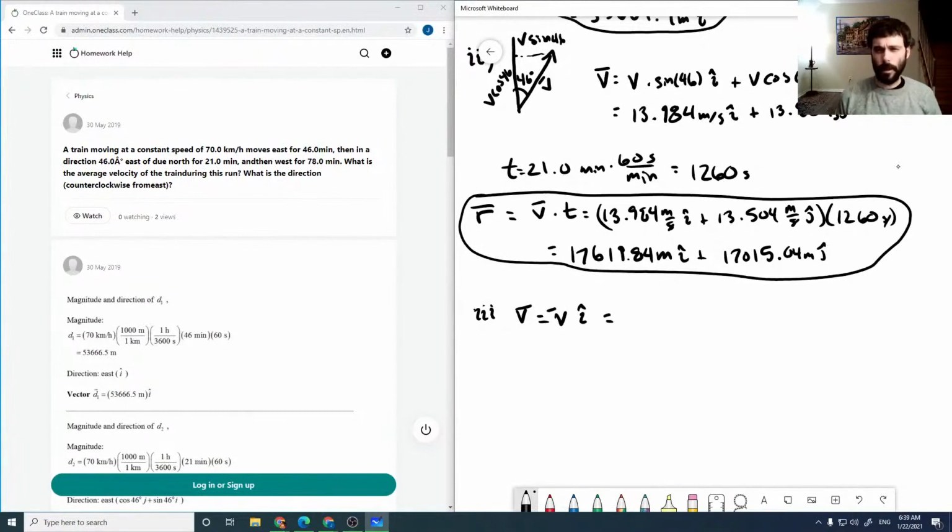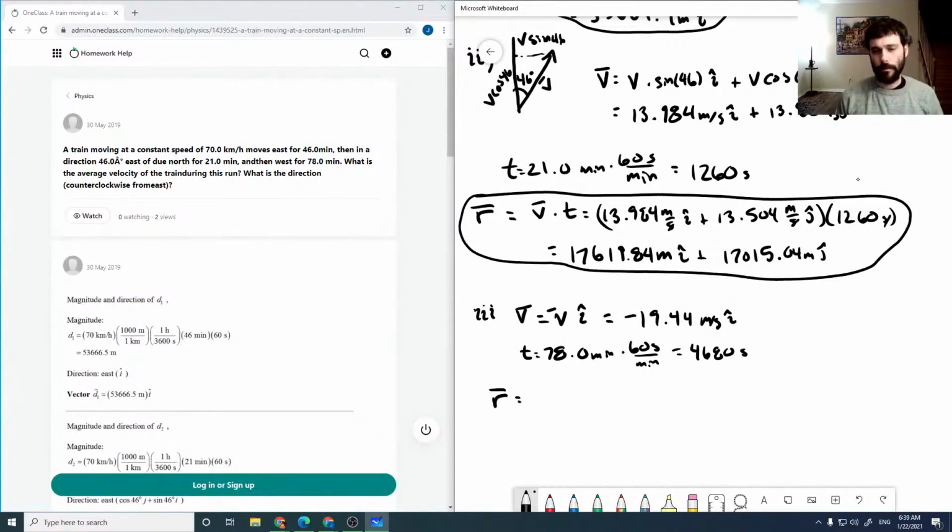So that's just what was my velocity here? Minus 19.44 meters per second I hat. My time is 78 minutes times 60 seconds per minute, which comes out to be 4680 seconds.